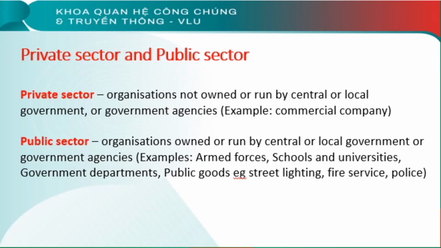In contrast, the public sector includes organizations owned or run by central or local government or a government agency. For example, armed forces, schools and universities, government departments, or public goods.